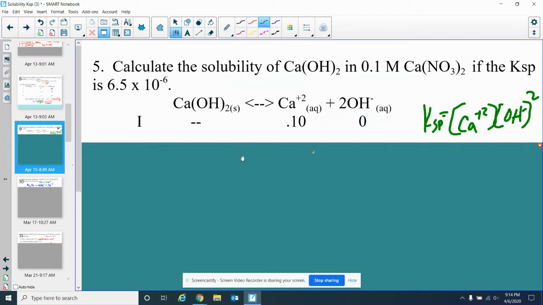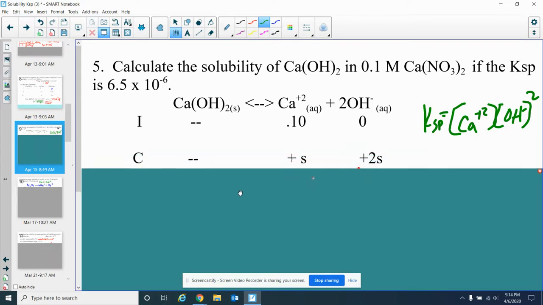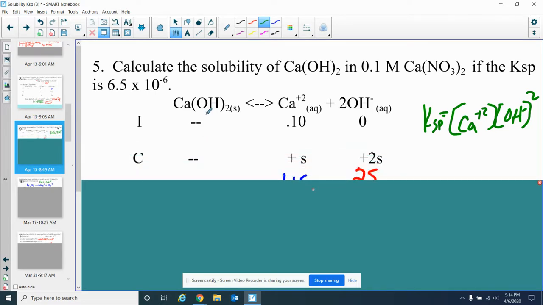So setting up our ICE problem, we have no concentration for the solid calcium hydroxide, and then 0.1 instead of 0 for the calcium, 0 for the hydroxide, plus S since there's just one calcium, plus 2S since there's two hydroxides.